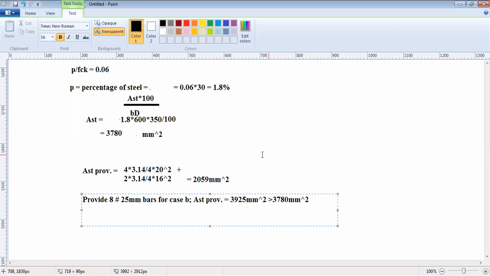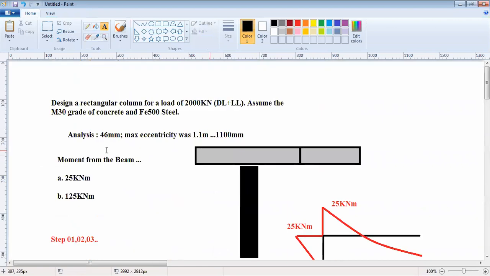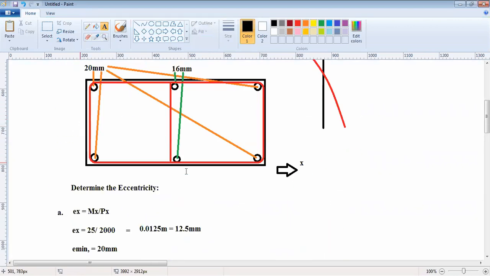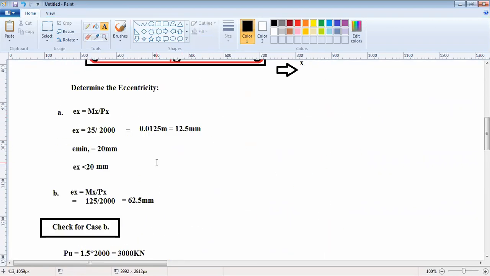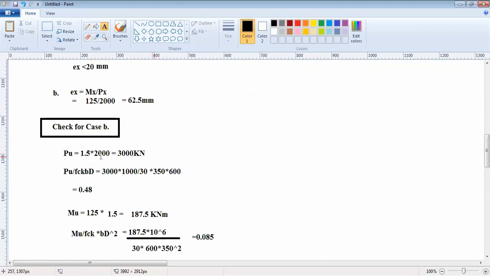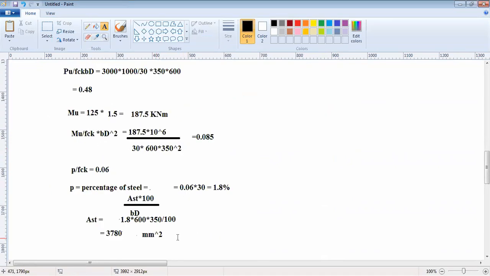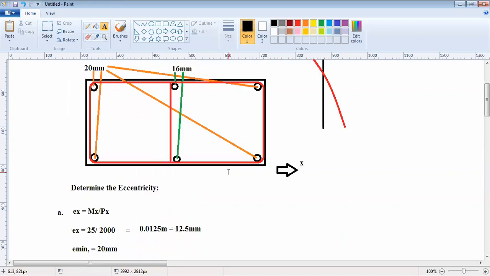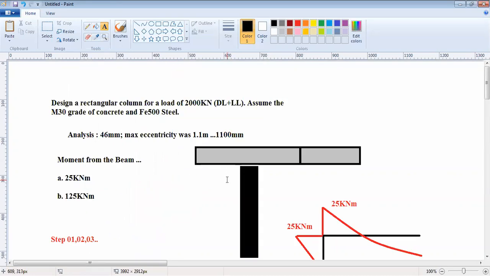So this is the revision that you have to make for case B. For case 1, for 25 kilonewton meters, this was enough. For case 2, you have to go for the design interaction curve and obtain this revised. So this was all about the determination under the uniaxial eccentric load.